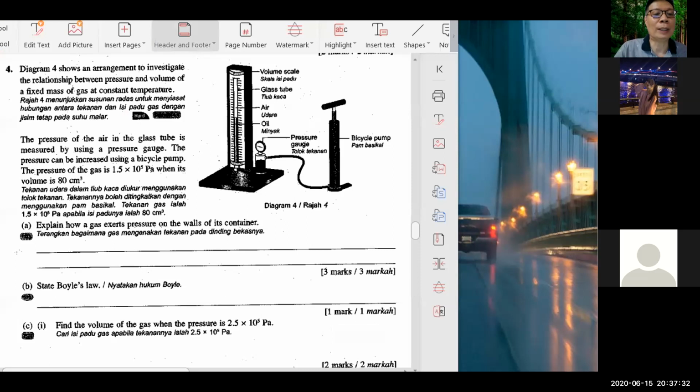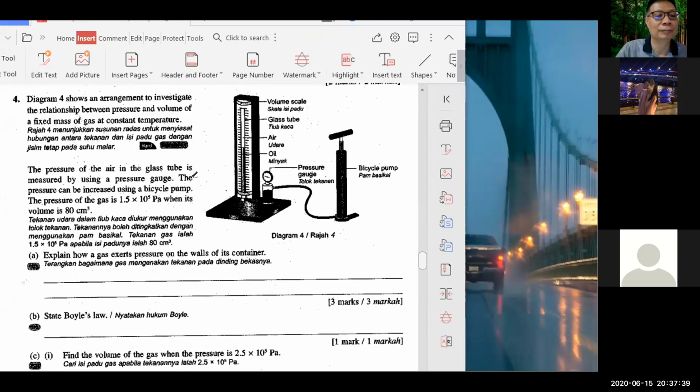Okay, this is a question we want to discuss now. Question number 4, I think it's number 4, right? Number 4, have we discussed already or not?